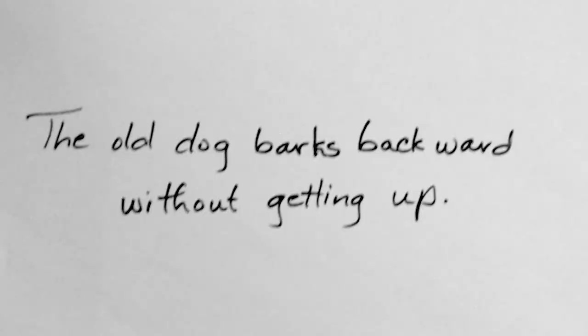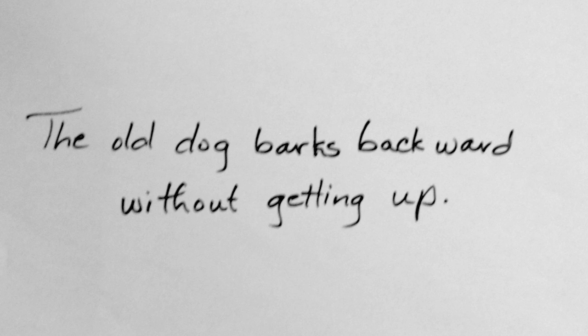The pyrrhic meters run faster out of the mouth, but the spondaic meters, spondee, runs much slower. So here's an example of the spondee, which the students very rarely got. The old dog barks backwards without getting up. Okay. I can remember when he was a pup.